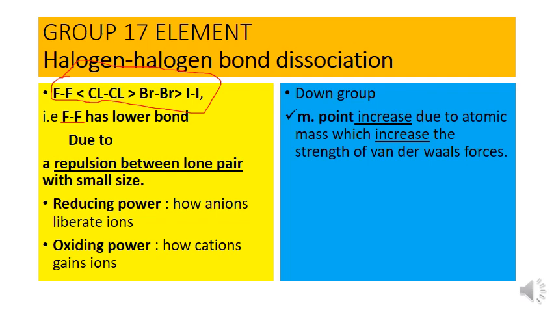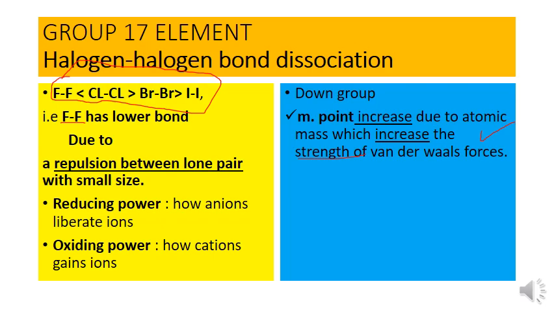Down the group, melting point increases due to increasing atomic mass with increasing strength of van der Waals forces. Those are some key points, but it is not enough. We have to search our book for more information.